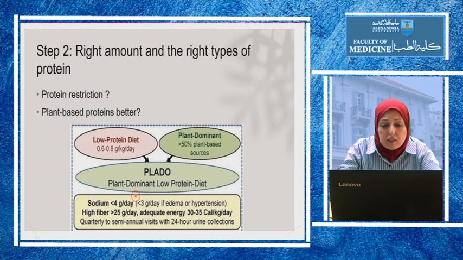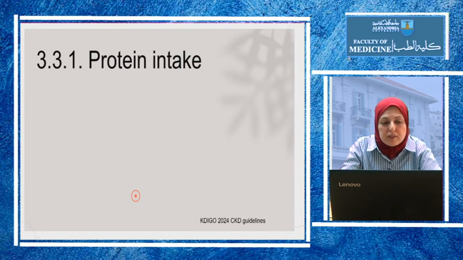The potassium in it may be a problem for some patients, but actually overall it is healthier than animal proteins. So you should not tell patients otherwise, and even the lack of essential amino acids in some of these plant-based proteins is ameliorated by eating multiple or different sources of plant-based proteins that can make it a more complete protein.